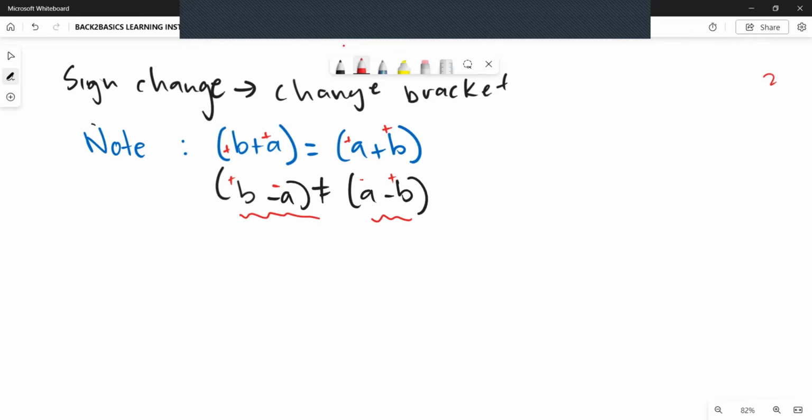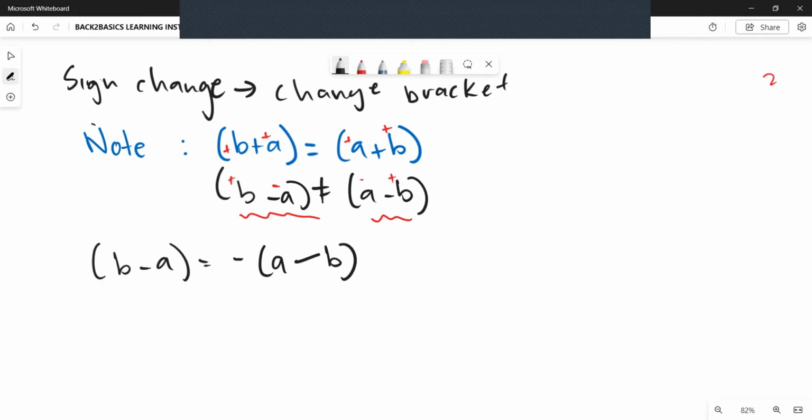However, to do a sign change, what is it that you can actually do? For example, let's say now you have B subtract A. B subtract A is equals to, this can also be rewritten as negative into A subtract B, right? Why is this so?